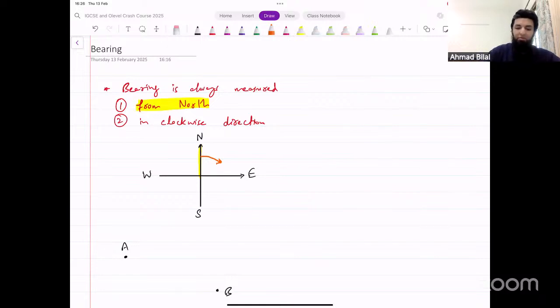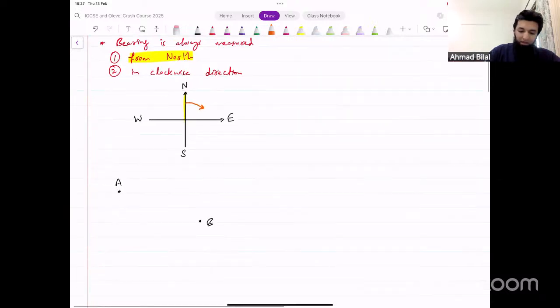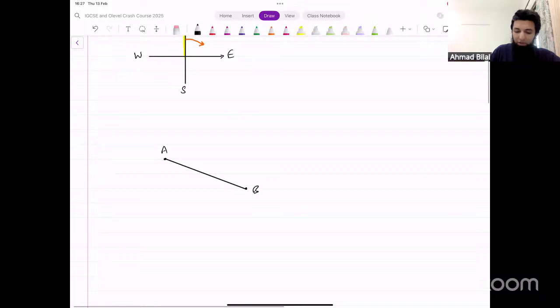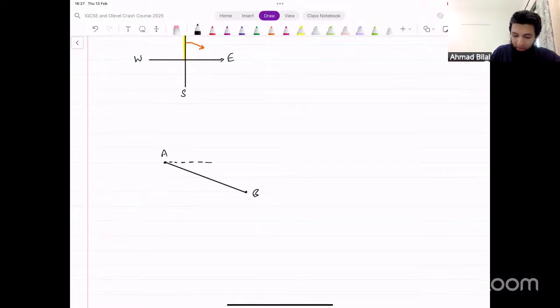Now let's take an example of this. Let's say you have 2 points like this, points A and B, and they can be connected like this. And what you know is that this angle here is 30 degrees. That's what we know, and let's say that's all that we know.